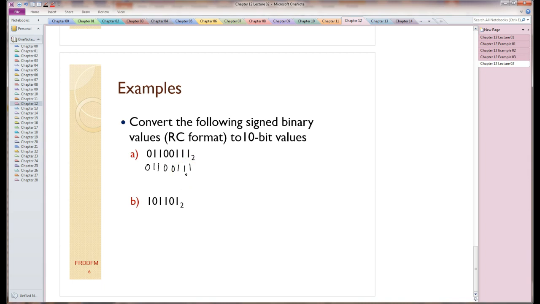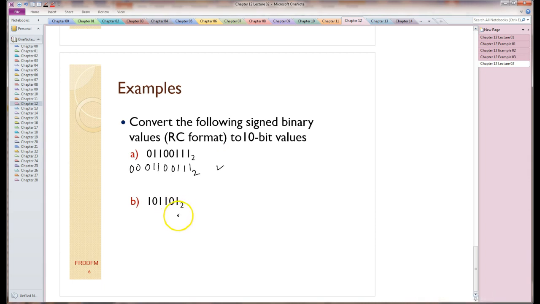It's a positive number, so I'm going to sign extend it. The sign is positive, which means it's 0, so I'm going to add those 2 extra zeros on the front of it. And that works. Increasing the bit width of a negative number in 2's complement format is a little bit different. You don't add a bunch of zeros to it, you need to add a bunch of the sign bits to it, which is essentially what I did here. 0 was the sign bit, I added a bunch of zeros to it, which is sign extension.